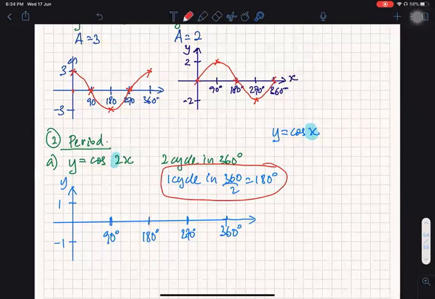Remember that your graph is drawn based on 4 parts on the x-axis. Remember, your graph has got 4 parts, right? So between 0 to 90, we're going to cut into half again. Okay, you understand? That means you have 1, 2, 3, 4 parts in the x-axis so that you can draw your cos graph.